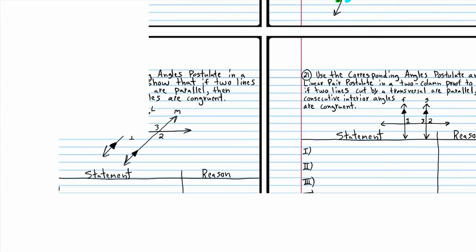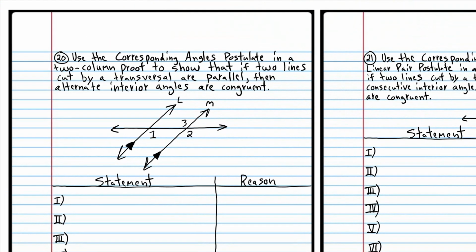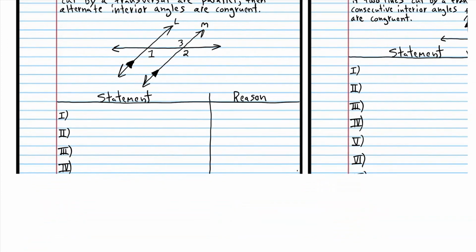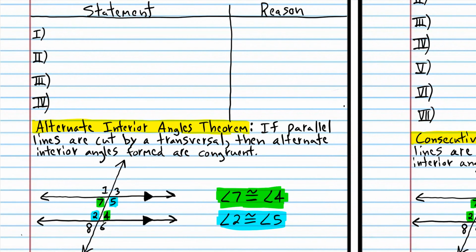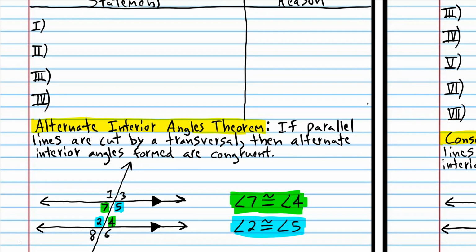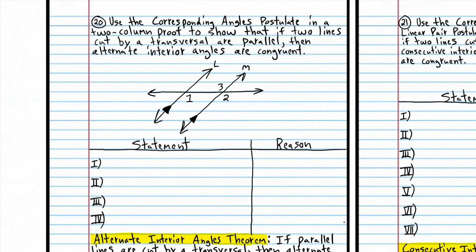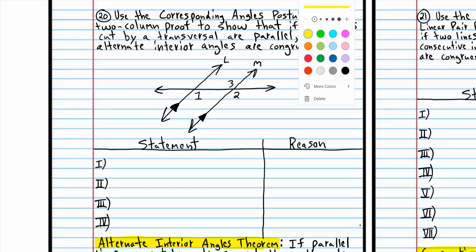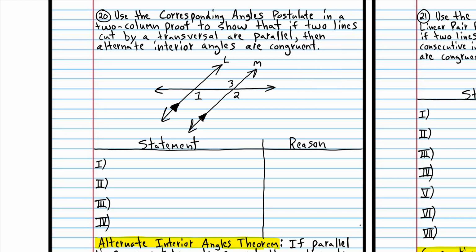Now, there are some other theorems that we're going to prove. There's two more theorems that we're going to prove. There's another theorem that says that alternate interior angles are congruent. You're going to prove that theorem. And again, you're going to use the corresponding angles postulate and the vertical angles theorem.